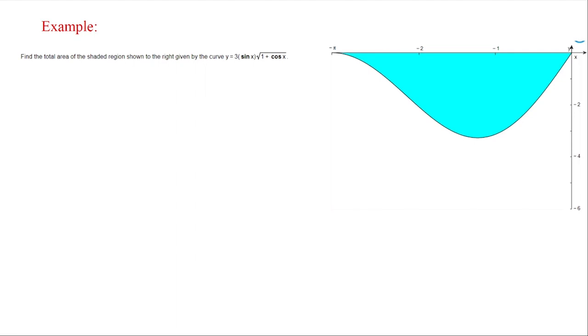Okay, we would like to find the area of this shaded region here by finding the integration. So we know this region is below the x-axis. So if we find the integration from negative pi, which is coming from here, going up to 0, of this function, which is 3 times sine x times the square root of 1 plus cosine x dx, it will be the negative of the area.